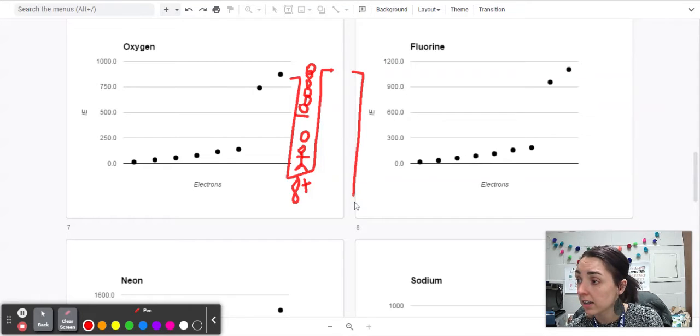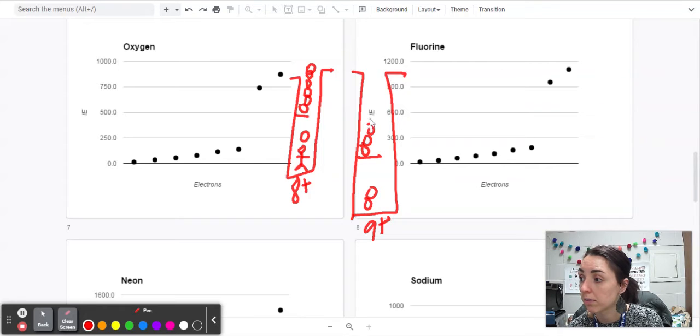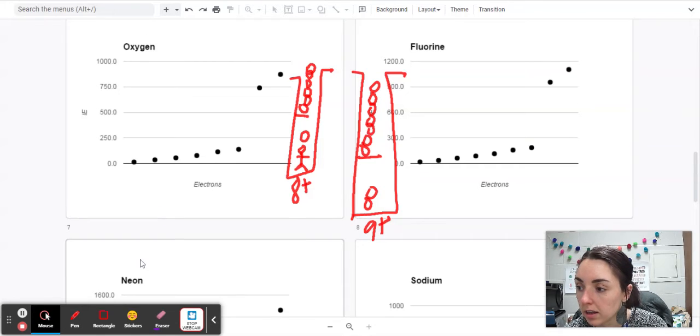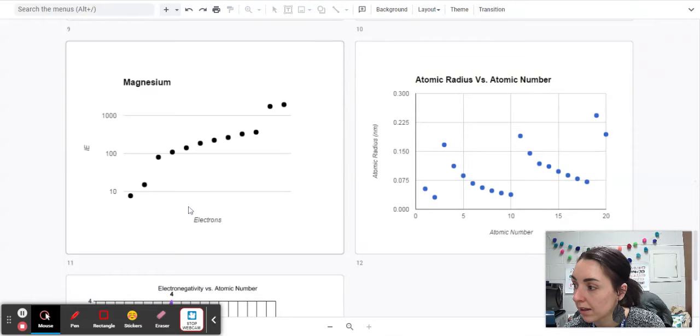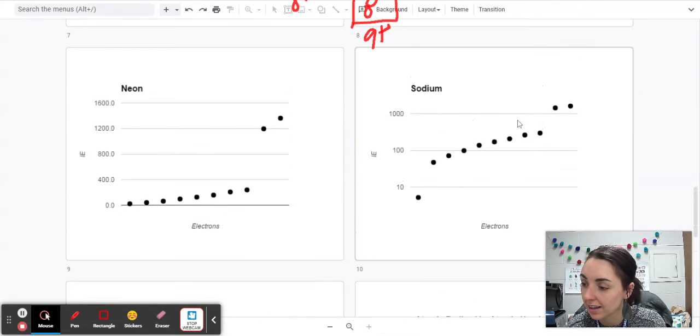Versus fluorine, notice my well gets even deeper. So as I add protons, my well is getting deeper. Got neon.